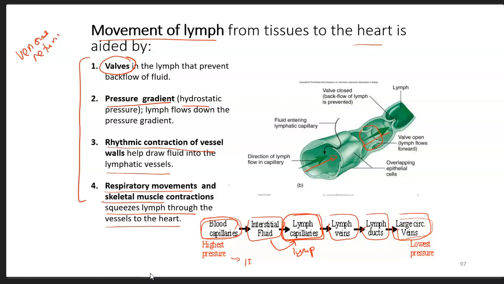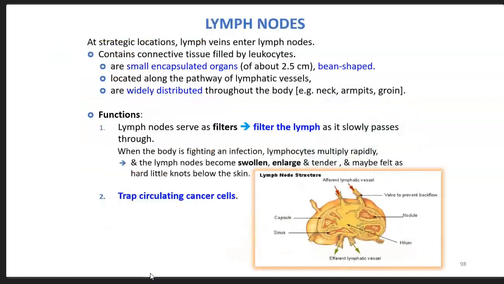Okay, so those are the factors that help in the movement of lymph, until it joins with the blood circulation at the subclavian veins tu tadi lah. Okay, so we are going to look at one of the organs of the lymphatic system, which is the lymph nodes.